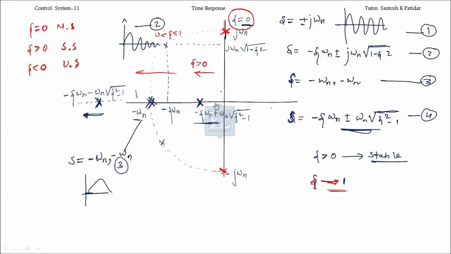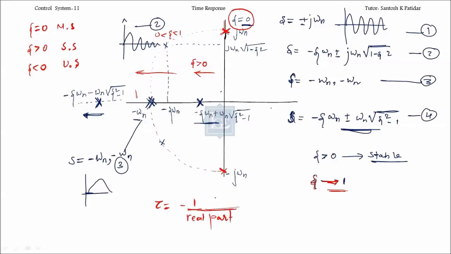I'll discuss the zeta values, but before that let me clear some points. We'll talk about the time constant, which we saw last time. Time constant is given by minus 1 divided by the real part of any pole.